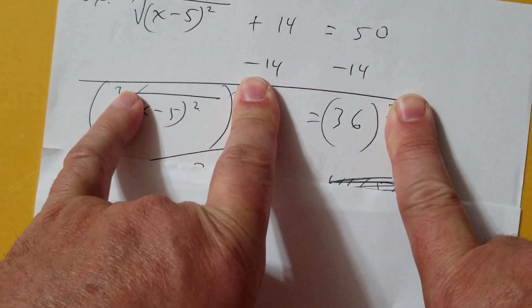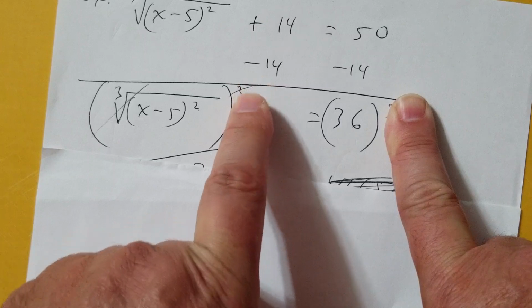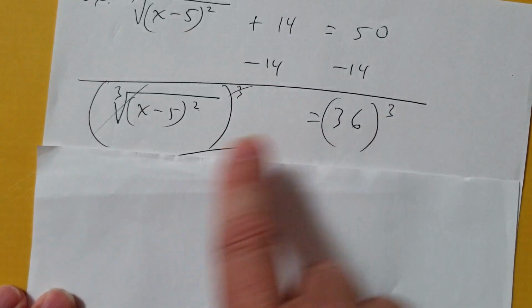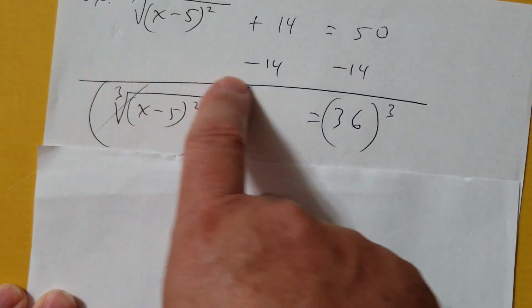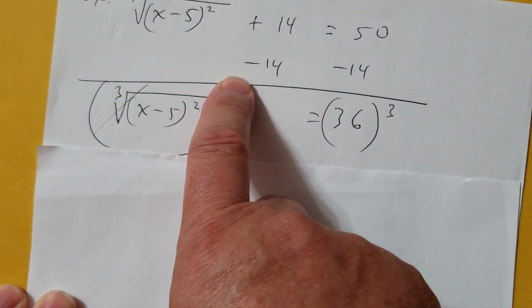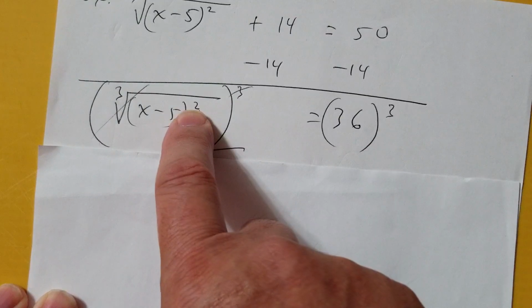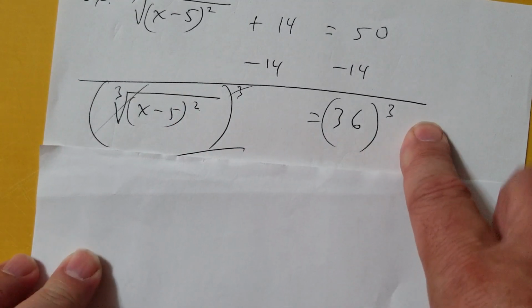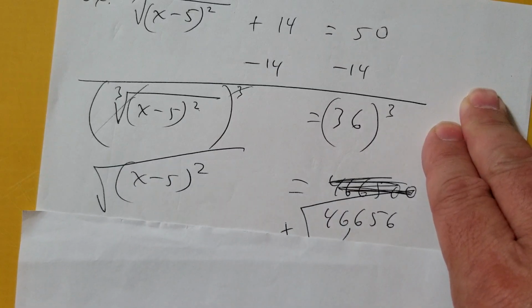So it's third root, so you cancel it with third power, but you have to do it to both sides. So now on the left, the radical sign is gone, and you're left with x minus 5 squared, whatever that is. And on the right, you have 36 to the third power, whatever that is. There you go.